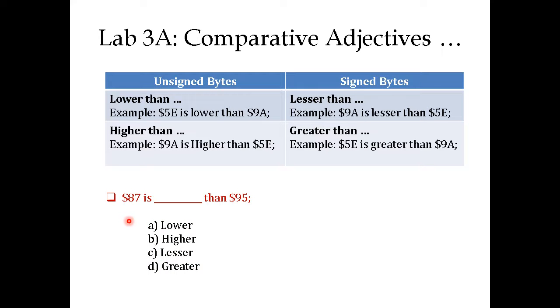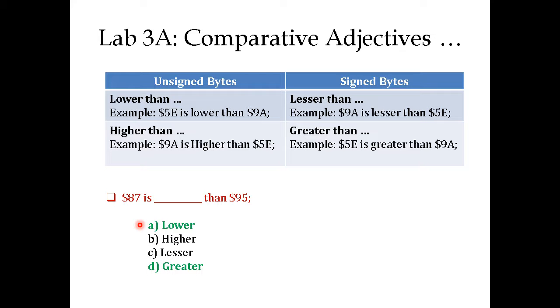How about this one? 87 and 95. 87 is lower than 95, of course, right? How about the signed comparison? 87 is actually greater than 95.